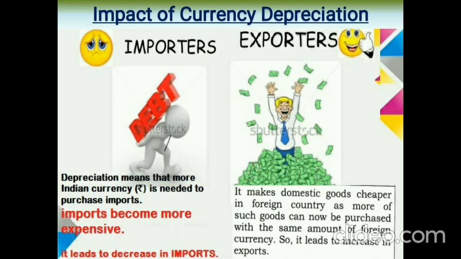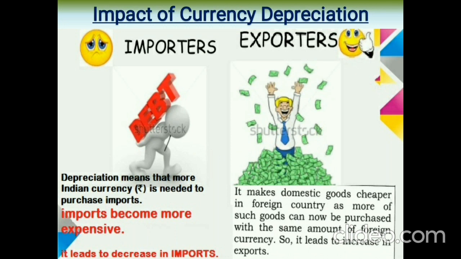So we start from the exporters' end. What will be the impact on the exports of a country? You can see in the picture, the exporters have benefited from depreciation. How they are benefited, we are going to discuss.